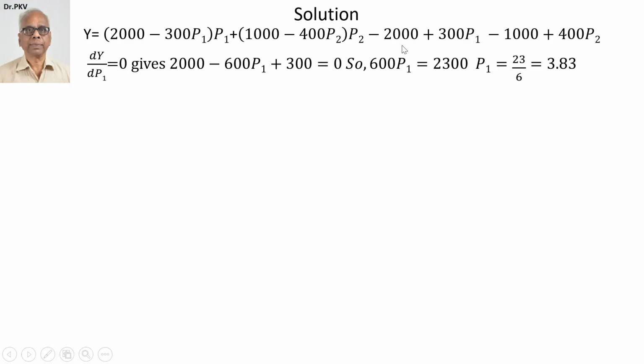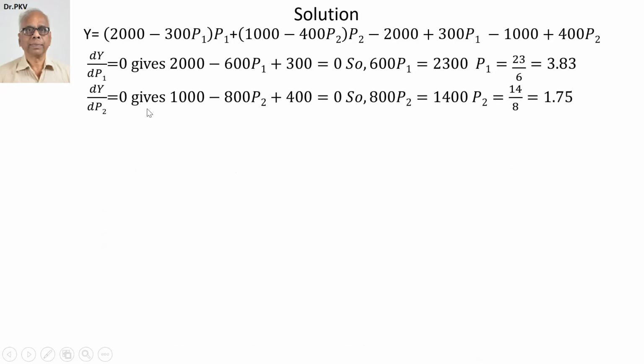This plus 300 is obtained from the constant term, simplified. So this will give us 600 P1 is equal to 2300, because when I differentiate 300 P1 with respect to P1, this will become 300. I add it to 2000. So 600 P1 equals 2300. Upon simplification, P1 is equal to 23 upon 6 or 3.83.